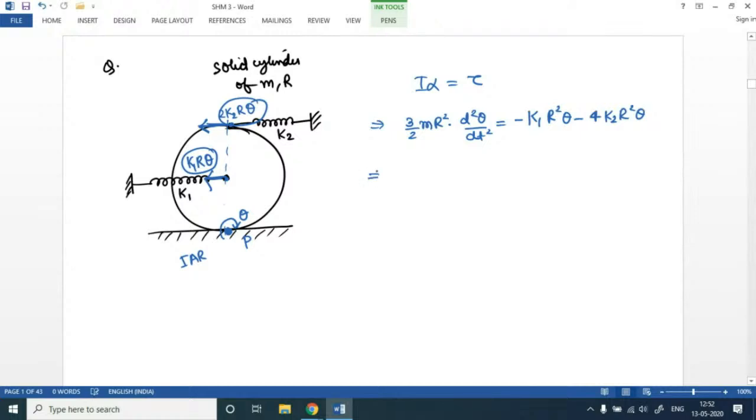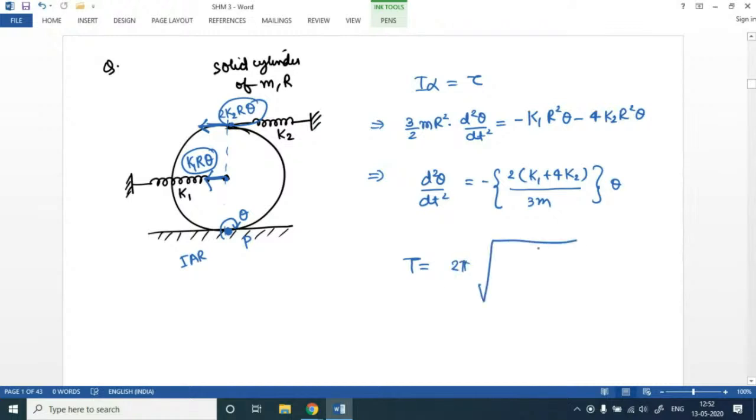So obviously we can rearrange this. So d2 theta upon dt square, we will be able to get, would be equal to minus 2 times k1 plus 4 k2, because r will get cancelled anyway, divided by 3m over here into theta. So the time period of this oscillation will be nothing but 2 pi root under 3m upon 2 k1 plus 4k2 here. Okay, so this was another model.